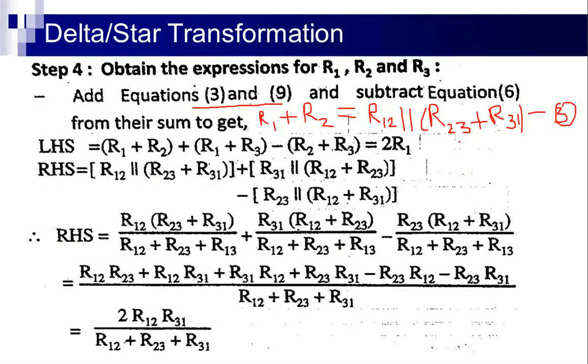Similarly, equation number 9 will be R1 plus R3 is equals to R31 parallel with R12 plus R23. Okay, so this will be your equation number 9.